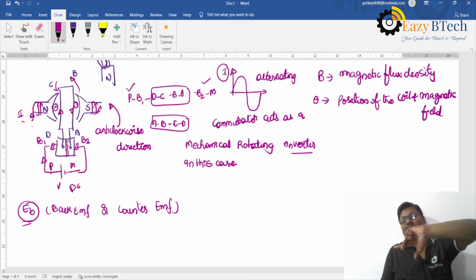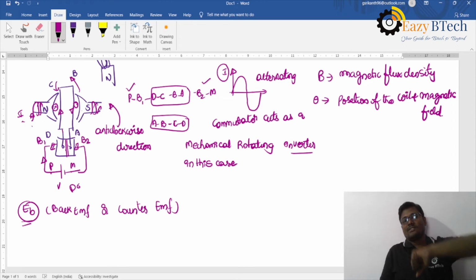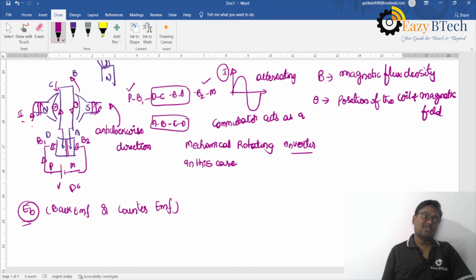You cannot use the left hand rule here; you can use the right hand rule for the direction of induced EMF.